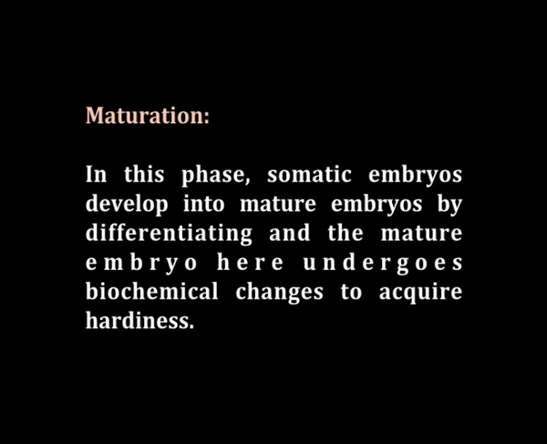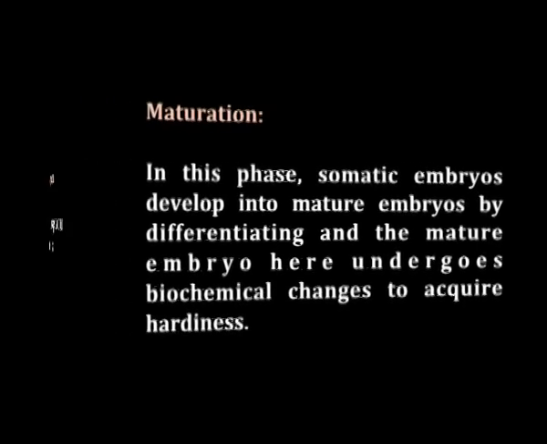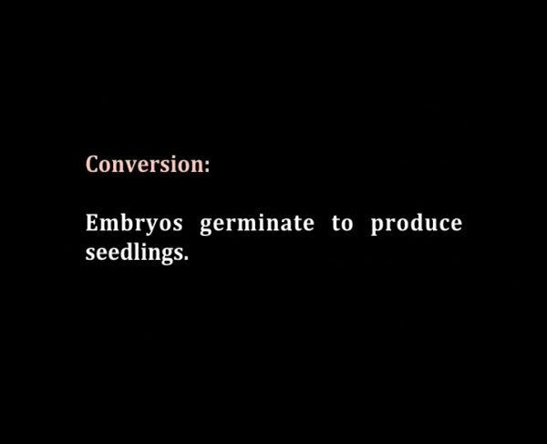In this phase, somatic embryos develop into mature embryos by differentiating, and the mature embryo here undergoes biochemical changes to acquire hardiness. The third step is conversion. In this step, embryos germinate to produce seedlings.